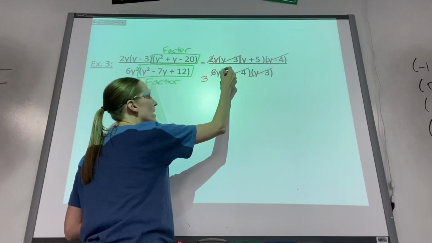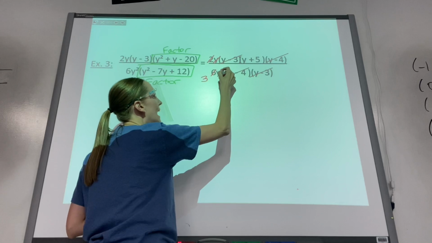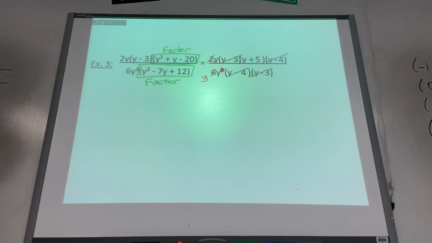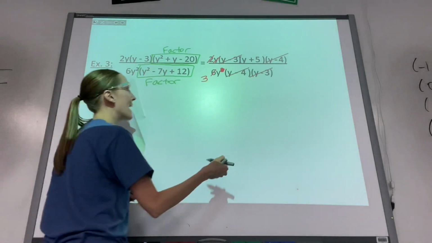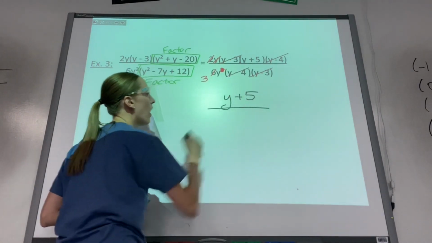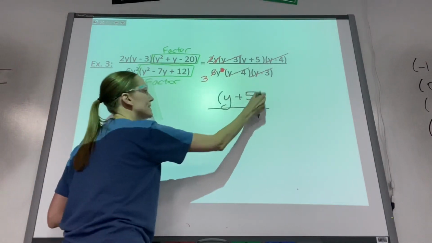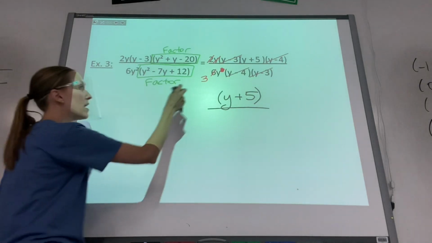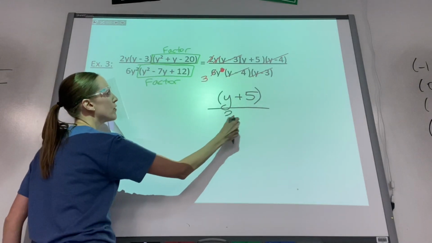Y squared divided by y. I'm just going to scribble out the square there. So it's still y. It looks like on top, all we have is a y plus 5. You can leave the parentheses if you want. On bottom, we have a 3y.